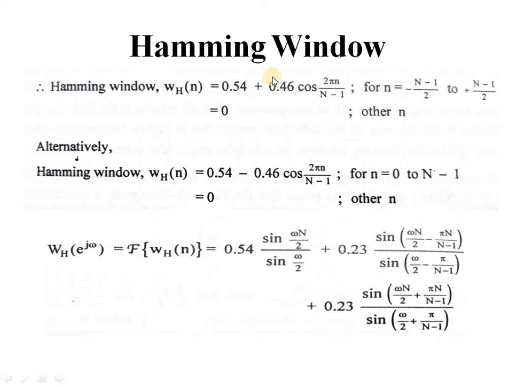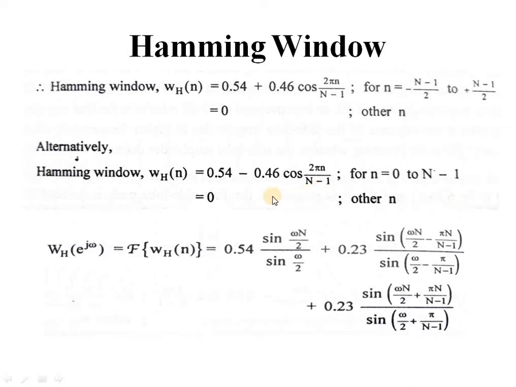The equation for the Hamming windowing sequence is given as w_H(n) equal to 0.54, by substituting the value of A as 0.54, we obtain 0.54 plus 0.46 cos(2 pi n by (N minus 1)). This particular equation can only be used for odd values of n, but the windowing sequence, when we would like to use it for both odd and even values of n, is generally preferable.